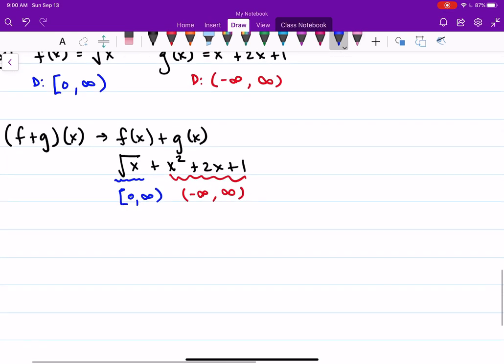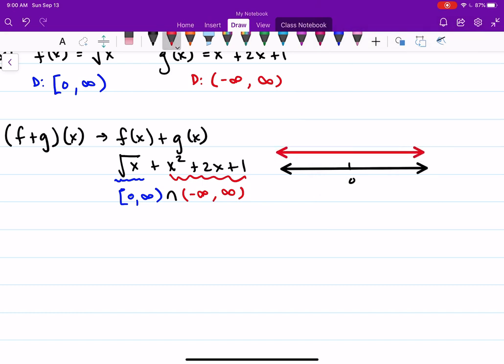So I would want to take the intersection of these two. And you guys remember intersections. Let's say 0 is here, okay? So for the red domain, I'll go from negative infinity to positive infinity, while the square root here is going to go from 0 to infinity, right?